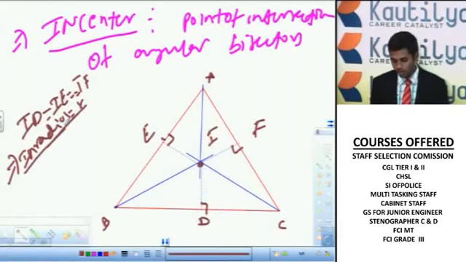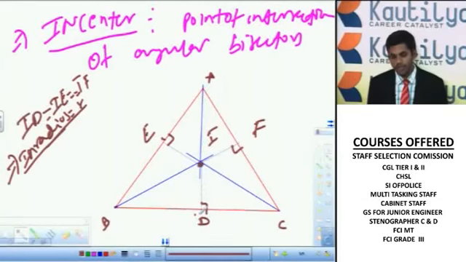Here one more thing we have to note is, though AI, BI, CI are angular bisectors, they are not perpendicular. That is, in all cases they may not be perpendicular to this side. So if AI is extended to BC, then it will be somewhere around this particular point, not on D. So ID is different from AI.